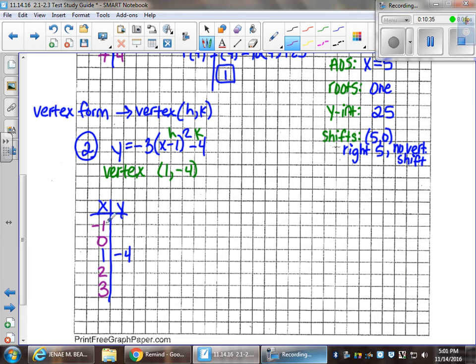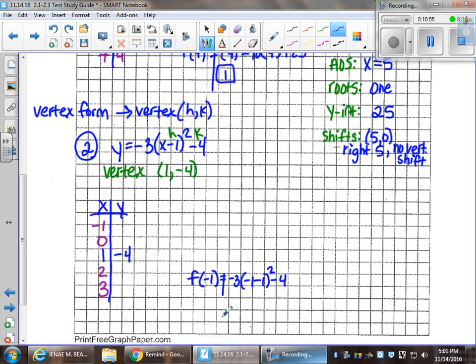I'm going to choose to calculate f of negative 1 and f of 0. Looks like it'll be nicer math. But you could calculate f of 2 and f of 3. That would work fine too. So f of negative 1 would be negative 3 times negative 1 minus 1 all squared minus 4.